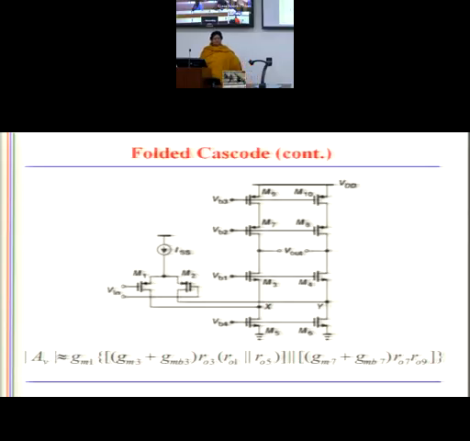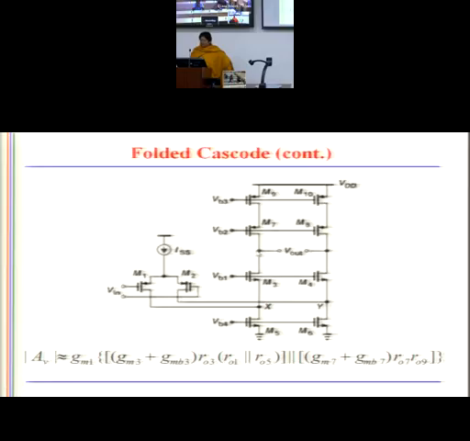Am I correct? Because gm ro coming from the upper section and gm ro into ro parallel ro. So this node has the highest R out, and if CL gets also large, this will introduce a dominant pole. Output will introduce a dominant pole.